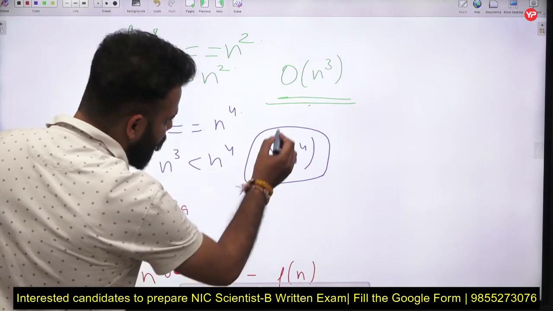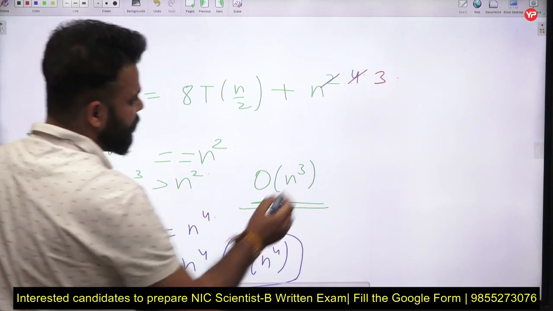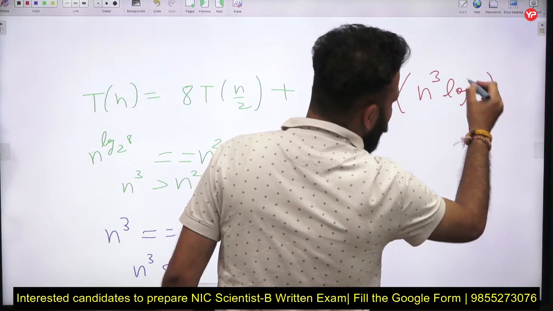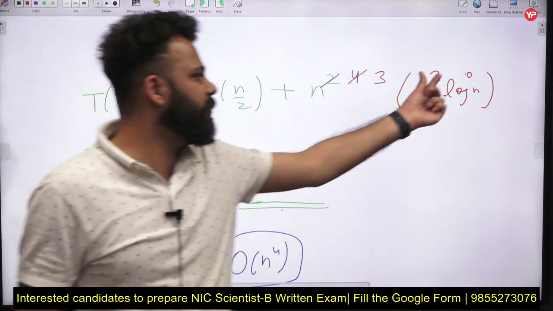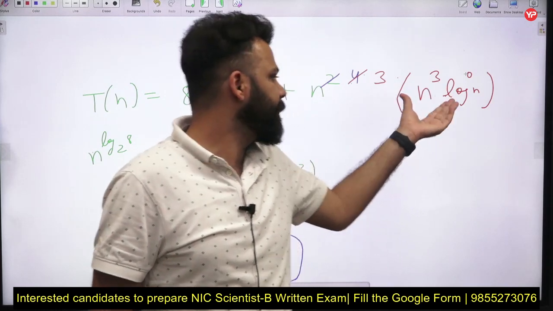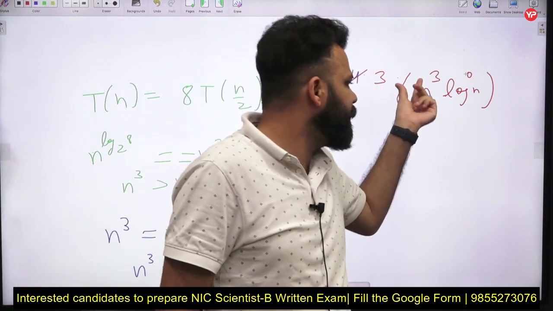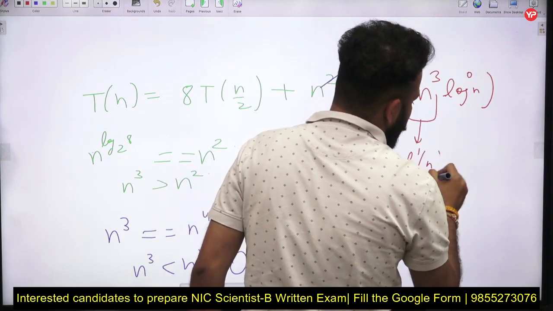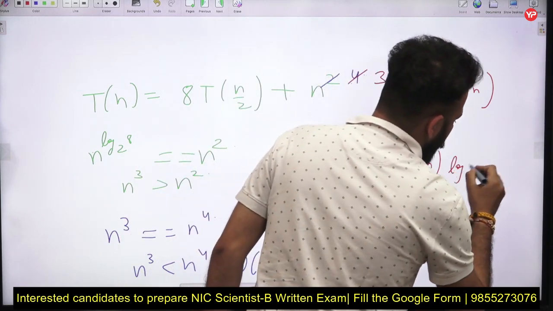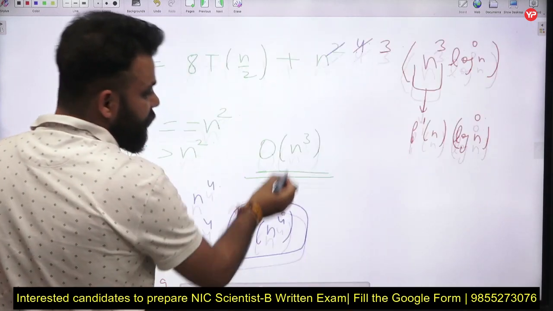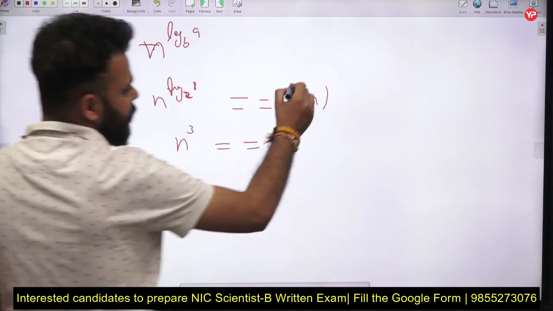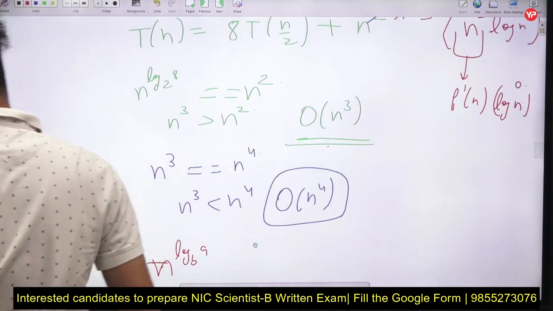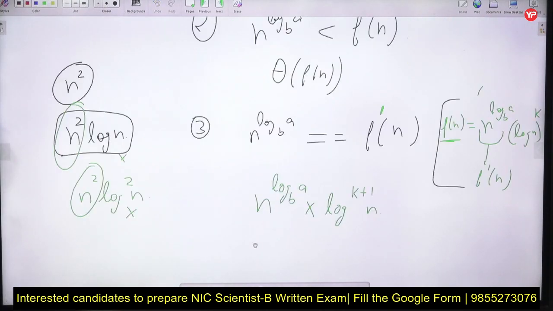So in order to understand the situation, you can write n cube as n cube into log n raised to power 0. Log n raised to power 0 will be nothing but 1, so 1 into n cube will be n cube only. So you can see that this f(n) is made up of f'(n) and log n raised to power 0. In our case we are comparing f'(n), and we have seen in this case, if f'(n) and n raised to power log b a are equal, then what is the answer?